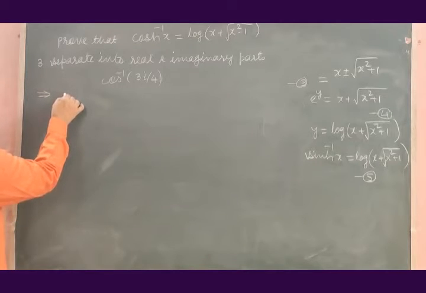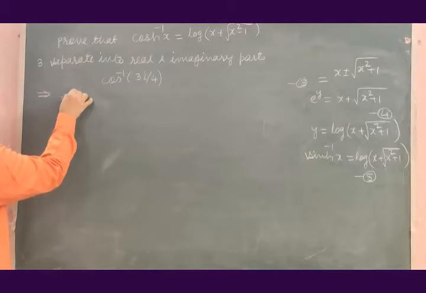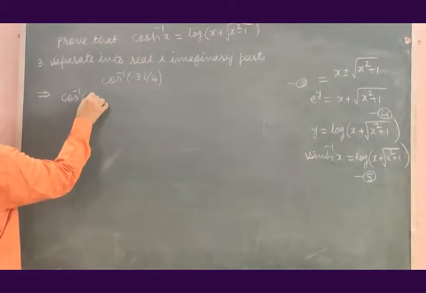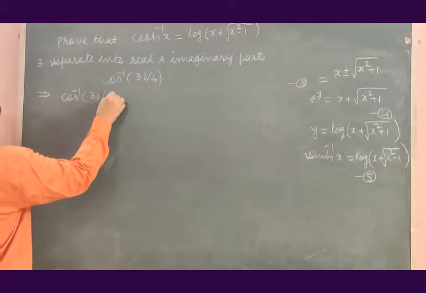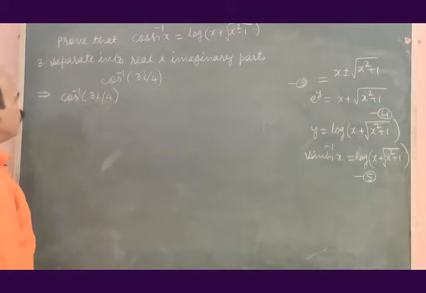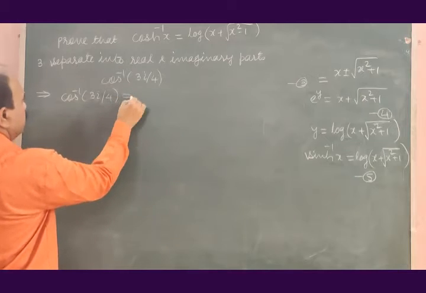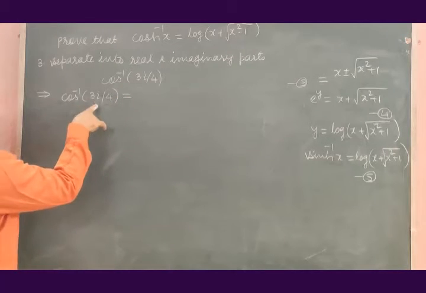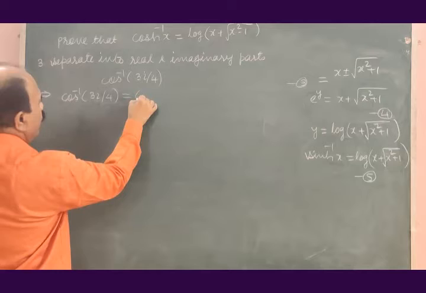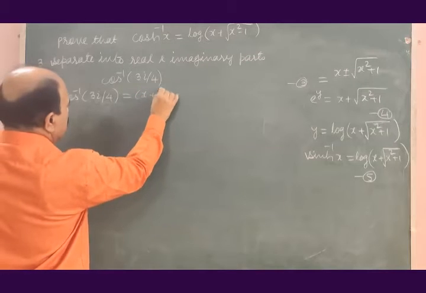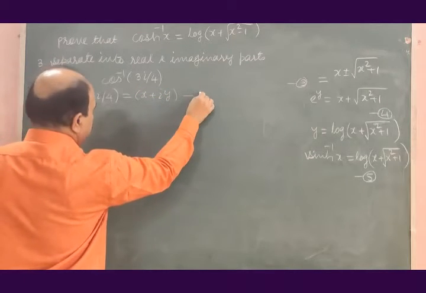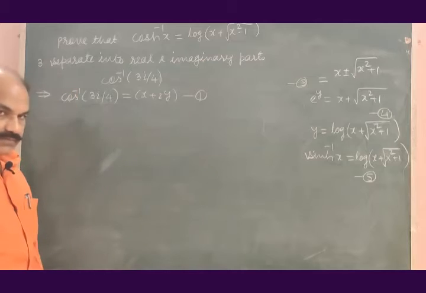We are given cos inverse of 3i divided by 4. Let me assume that cos inverse of 3i divided by 4 is x plus iy, equation number 1.